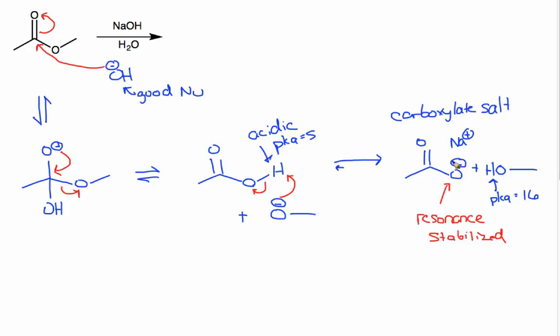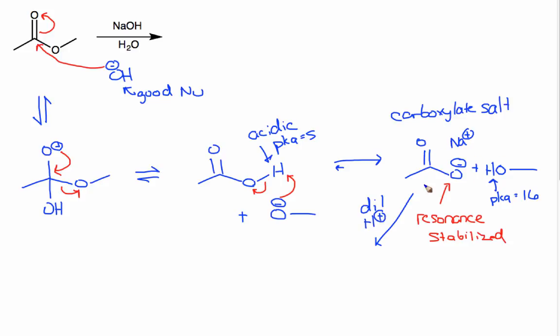But if you actually want the carboxylic acid, which is often the case in these hydrolysis reactions, what we can do is once this reaction is over, we can add some dilute acid.